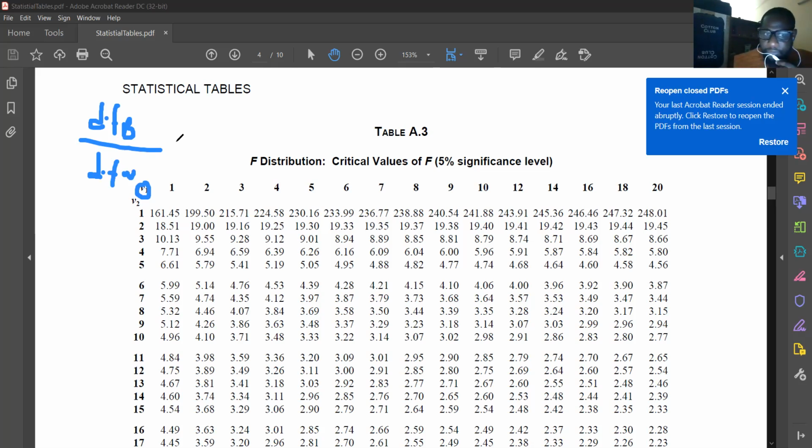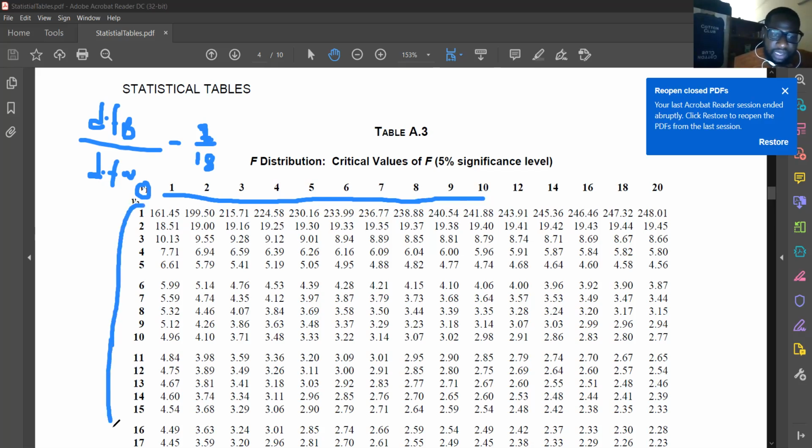Degree of freedom for between, per our calculation, was 2, and 18 is degree of freedom for within. So the V1 that you find here represents degree of freedom for between. That's the numerator. Then the V2 represents degree of freedom for within. So you're supposed to read our information from this side.